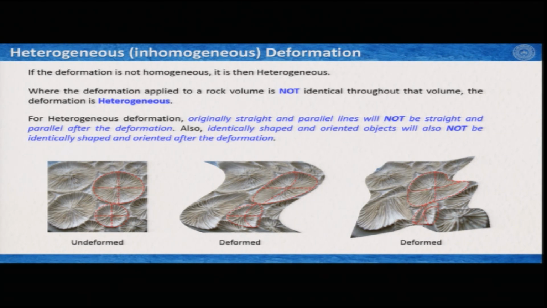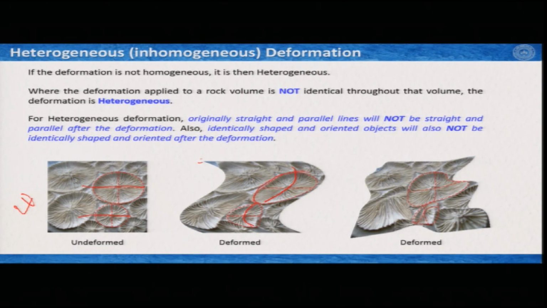And here is the example of heterogeneous deformation. So I have a very similar object, and using a computer simulation I deformed it in two different ways. What we see here, that apparently this geometry looks like it is probably going to give you a homogeneous deformation, but it is not. These two lines were parallel to each other, but in this case, after the deformation, they are not parallel to each other.